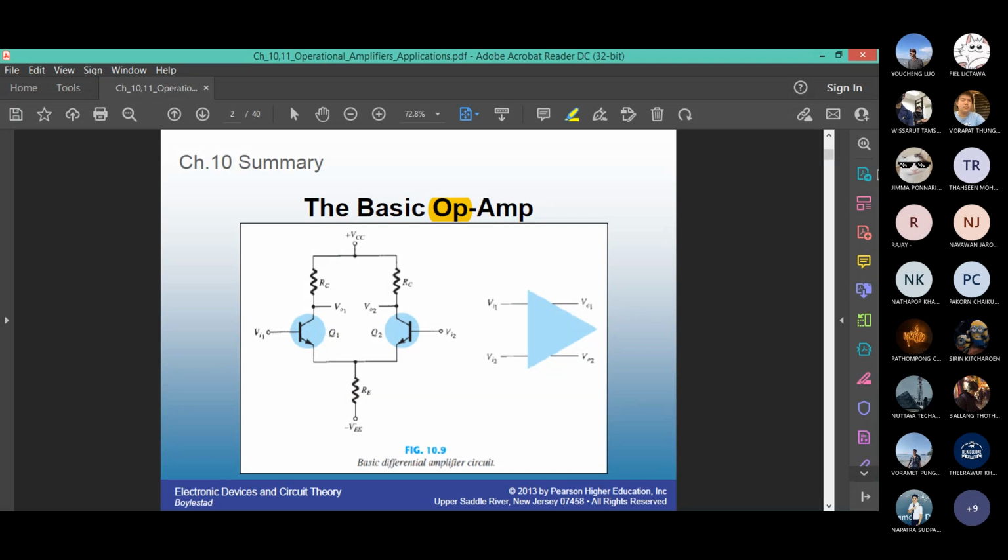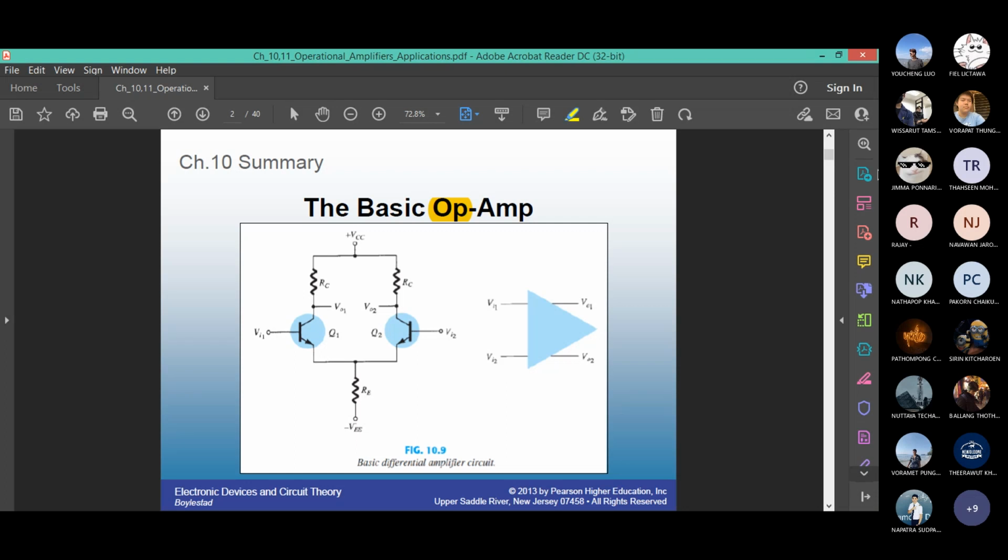On the screen shown on the left-hand side is one of the very common differential amplifier circuits used in electronics. It is based on 2 BJTs, as you can see, Q1 and Q2, also in a common emitter connection, where emitter is common to both input and output. These 2 amplifiers, you can tell, are NPN transistors.